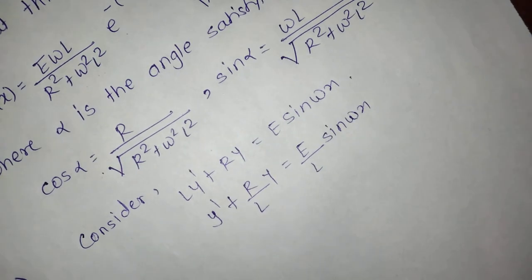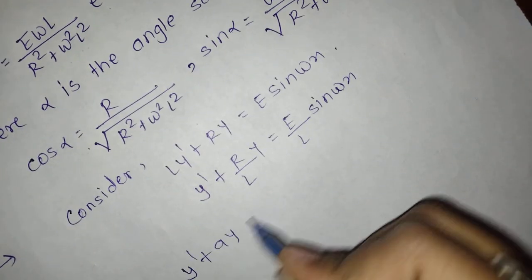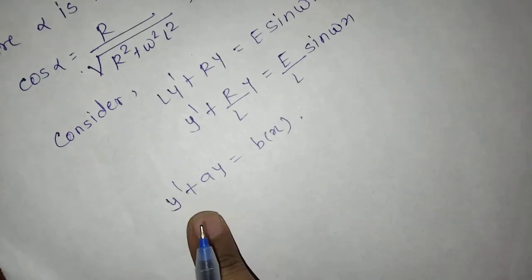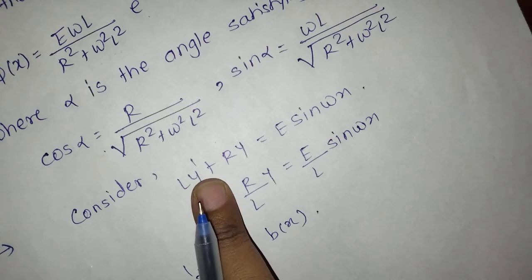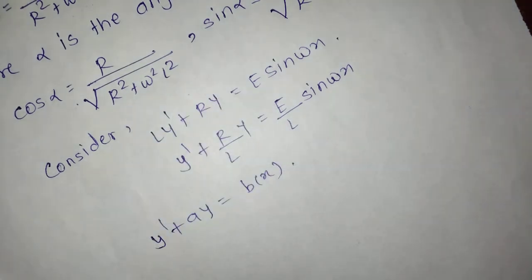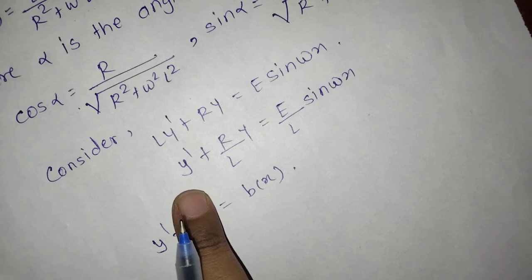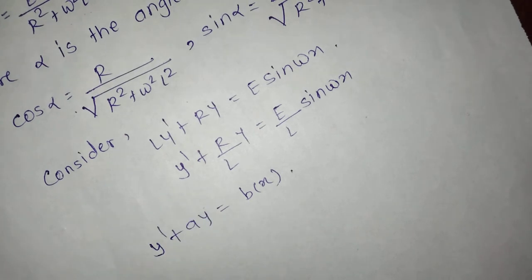Here we divide by L because we have the standard equation y' plus A y is equal to B of x. Here the coefficient of y' is 1 and there the coefficient of y' is L. That's why we cannot compare these two equations. So we divide L on both sides and make the coefficient of y' equal to 1. Then we can compare these two equations and find the solution.